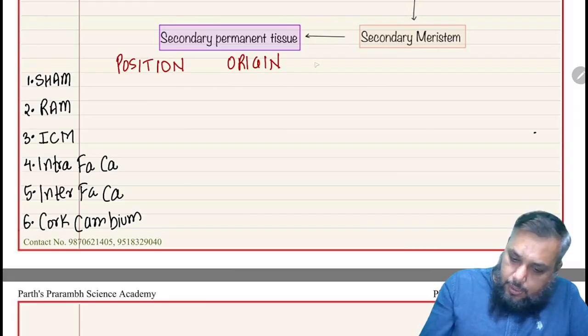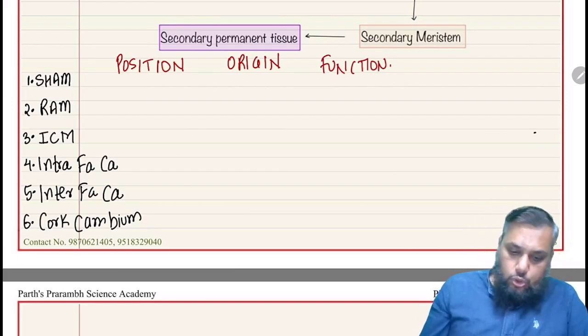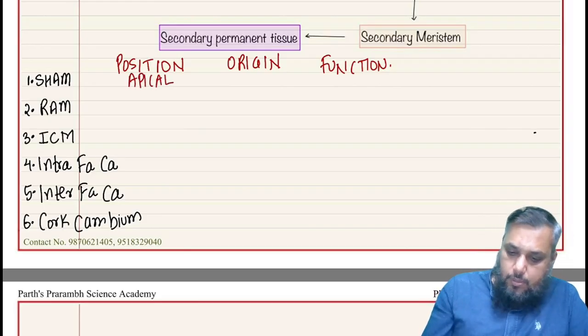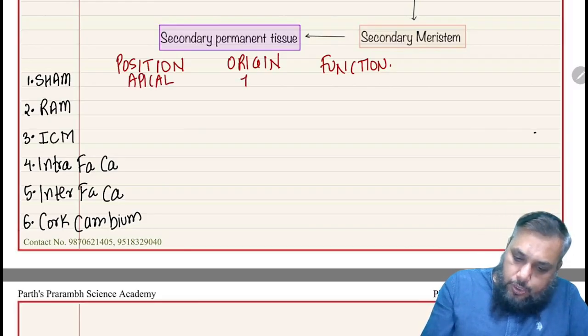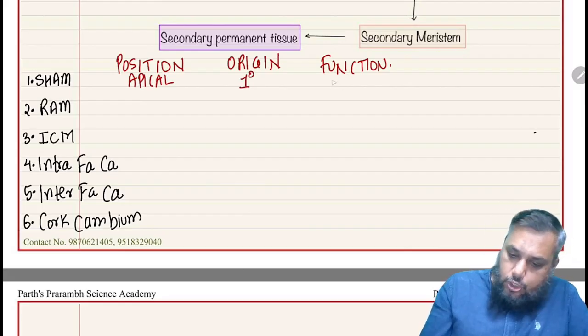And we can add one more column on its function. So, shoot apical meristem with respect to its position is an apical meristem. With respect to its origin, it is primary. Function would be it increases the length of the shoot.